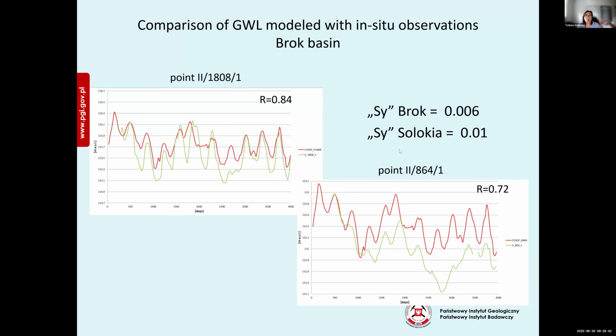For the Solokia catchment, the specific yield value is 0.01, while for the Brock it is 0.006. These values are lower than the typical specific yield values for aquifer materials.